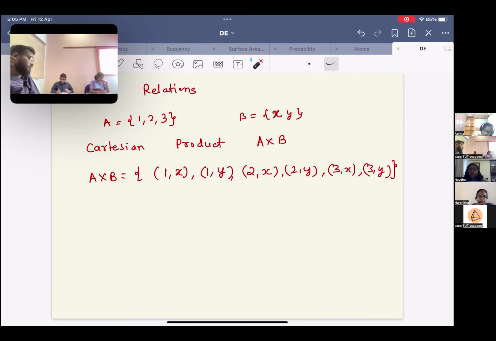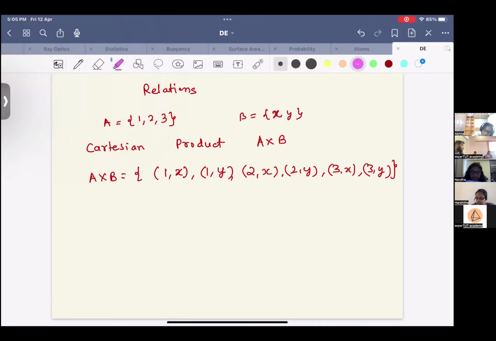In the Cartesian product, you have to write numbers in pairwise form. Okay, pairwise. So there is one element, second element, third element, fourth element, fifth element, and sixth element. A cross B is a set. Okay. So Cartesian product is a set.